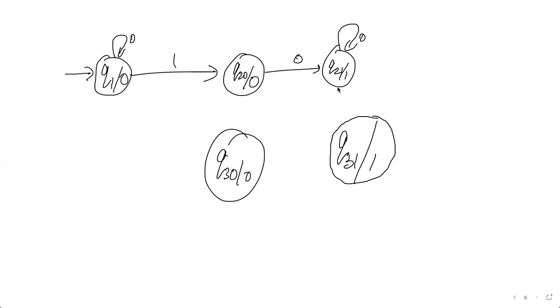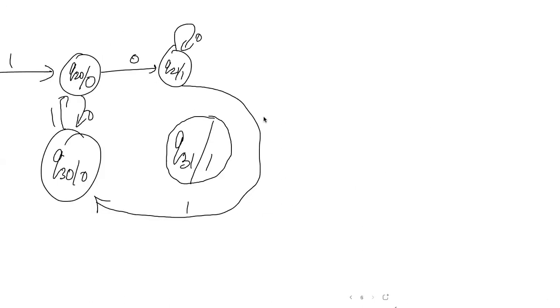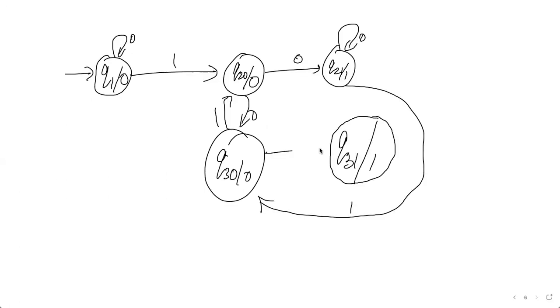On 1 it goes to this state, and on this thing 0, this is 1, and the last two remaining states are this 1, and this goes to 0 and another self loop of 1.